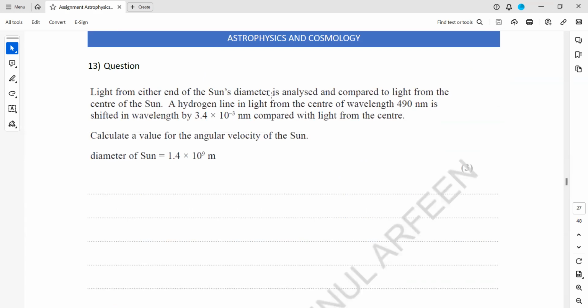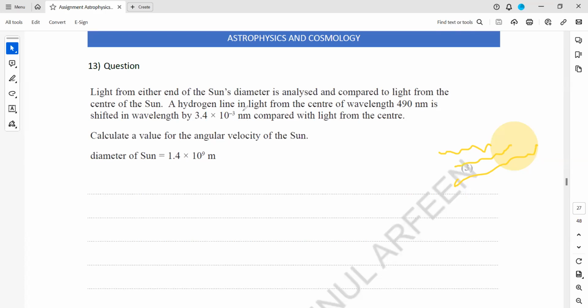In question 13, light from either end of a sun diameter is analyzed and compared to light from the center of the sun. So we are observing the light from either end, compared with the center of the sun.